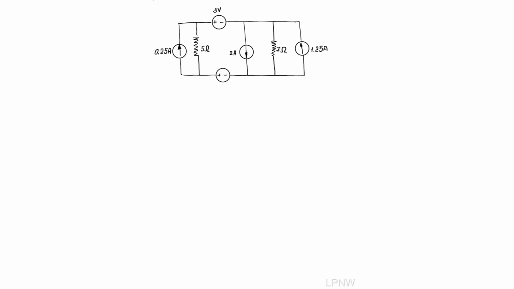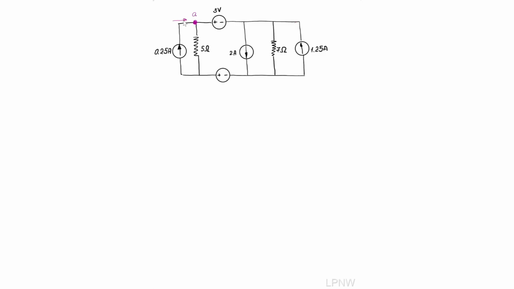Because we're having 3 current sources, let's distribute the currents first. I will denote node A, where the current that arrives into that node is 0.25 amps.